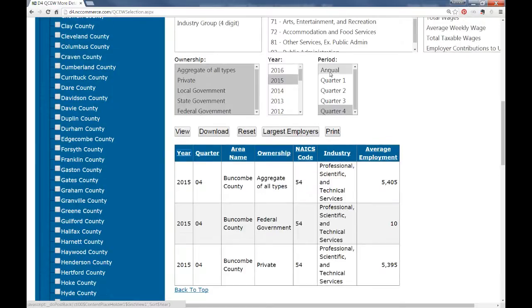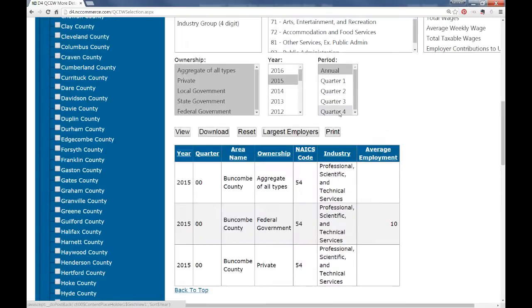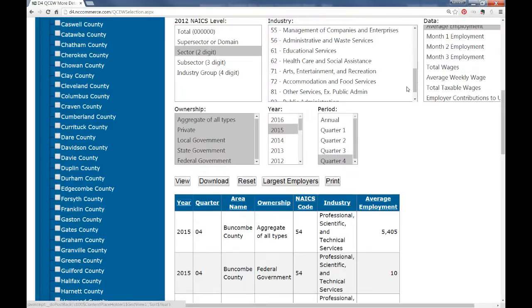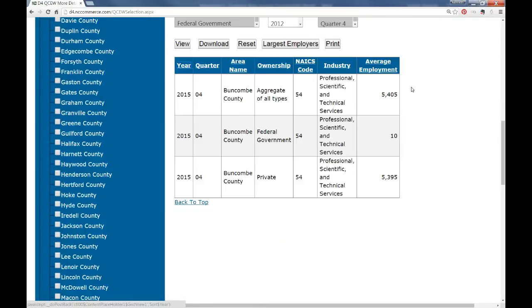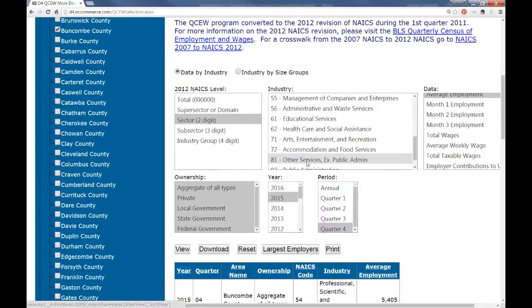I thought it would come up in annual, but they must not produce that information on an annual basis. So you'll need to look at quarter 4 2015. And what you see here is in that particular field, there's a low variable. Only 10 of the jobs in that particular sector, professional, scientific, and technical, are federal jobs. The other 5,395 are private jobs, which I'm a little surprised by. They may be under a different categorization.